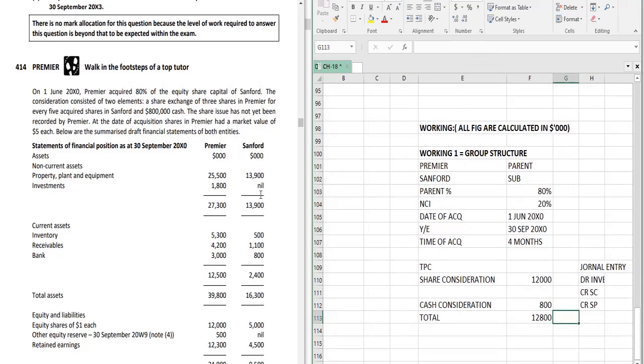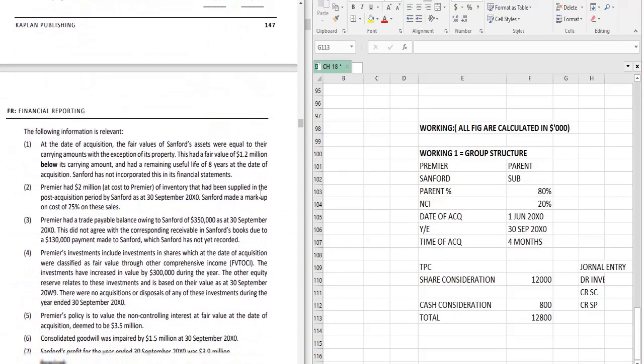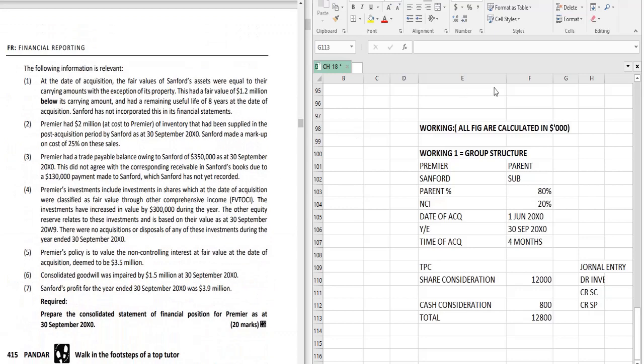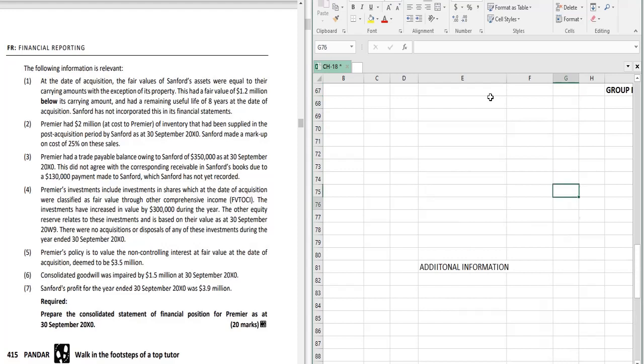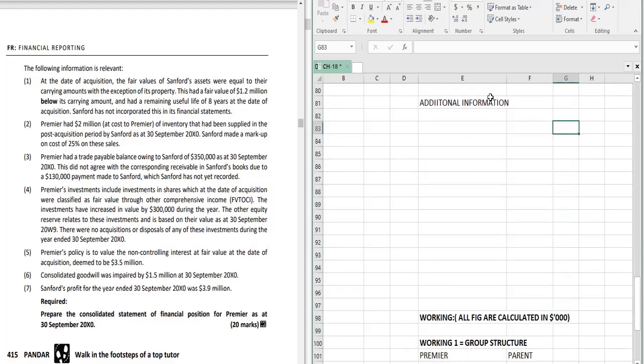So then after, we will read the additional information given below and note it down one by one. Here is additional information number 1.